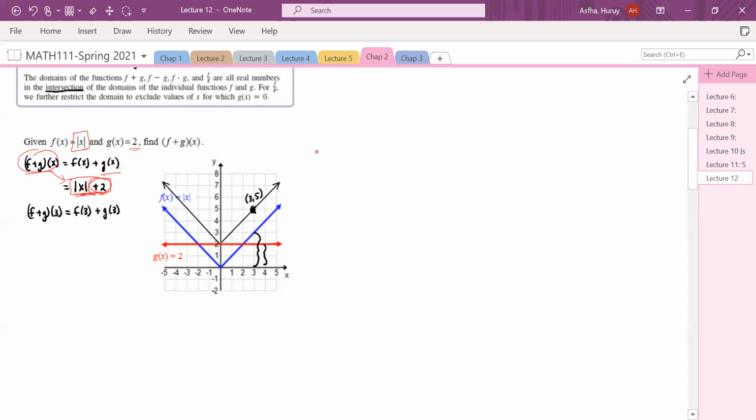Now, for example, if we are asked to evaluate (f plus g) of x at, let's say, x equals 1. Here we already have the function, so we can, of course, evaluate it. (f plus g) of x is absolute value of x plus 2.